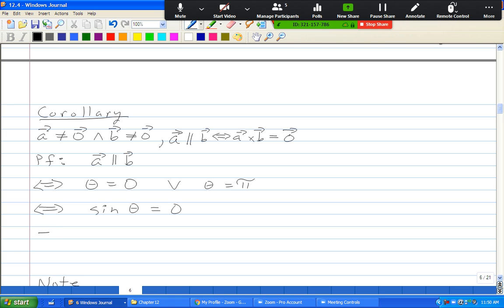Since the sine of theta is 0, then the product of the norm of A, the norm of B times the sine of theta will be 0. And by the above, I've shown that this product here is just the norm of A cross B.